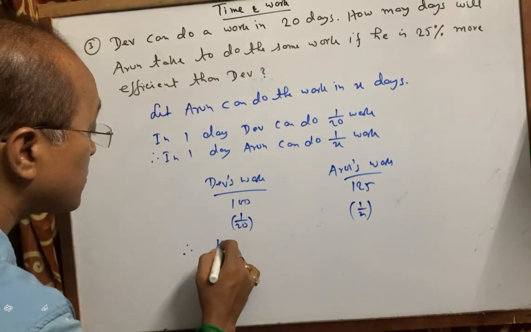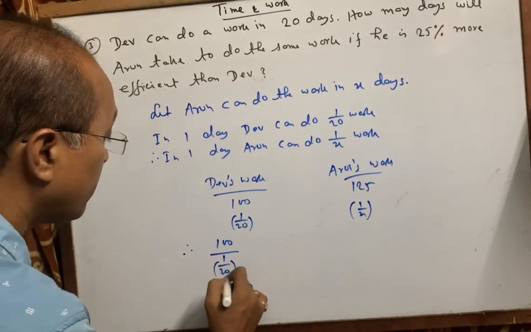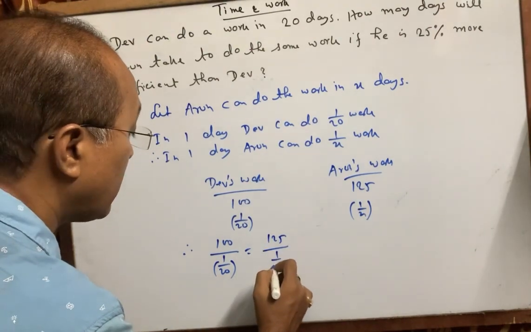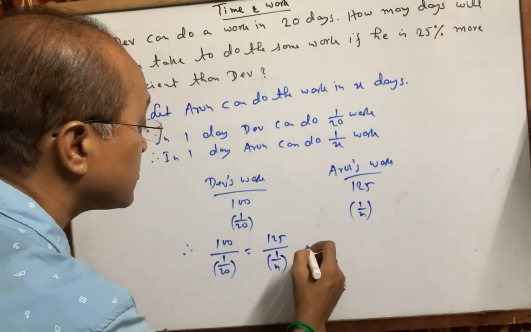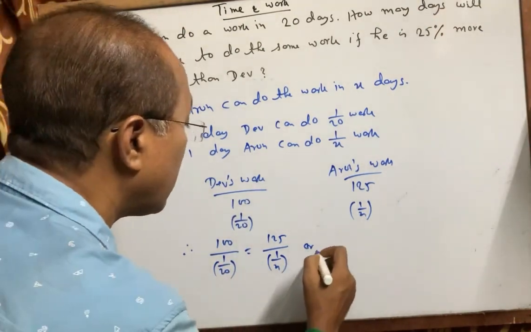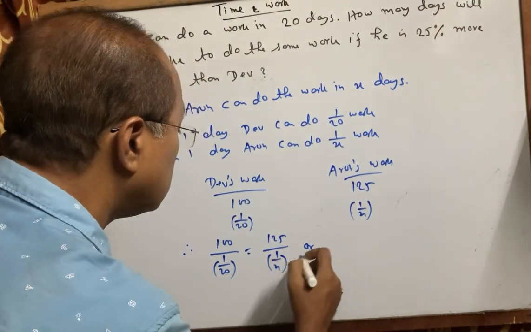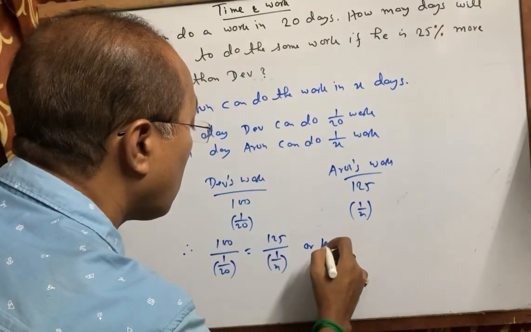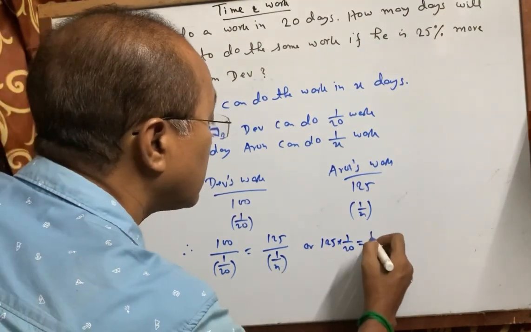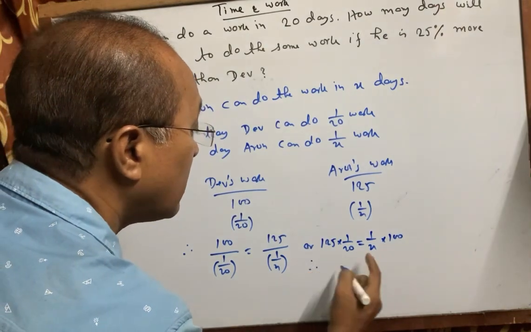So, using the rule of 3, after cross multiplication we can write 125 into 1/20 is equal to 1/X into 100.